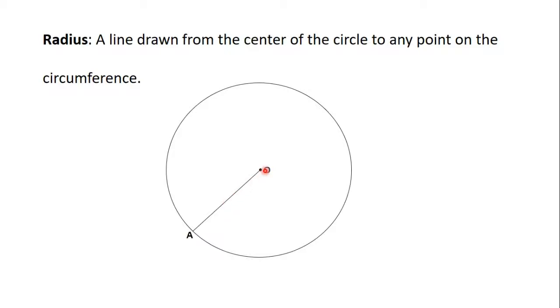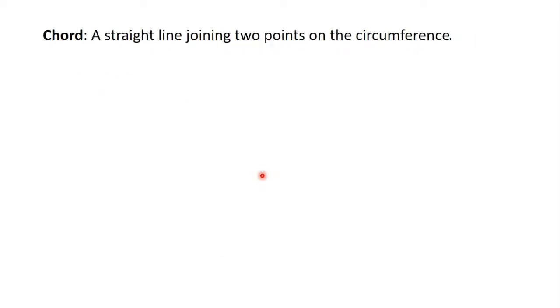So a line drawn from the center of the circle to a point on the circumference is called the radius. In the same way, if you draw a line from the center O to a point B on the circumference, it is called the radius. So any line drawn from the center of the circle to a point on the circumference is called the radius of the circle.